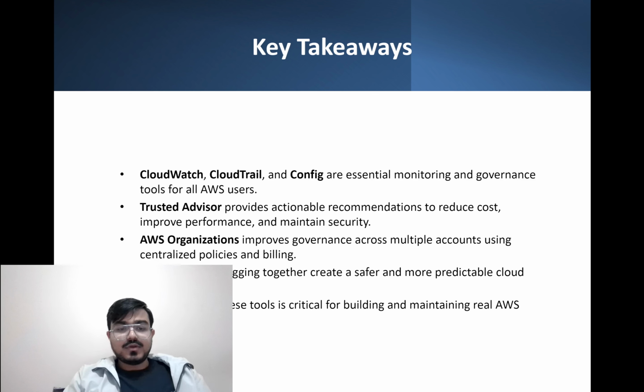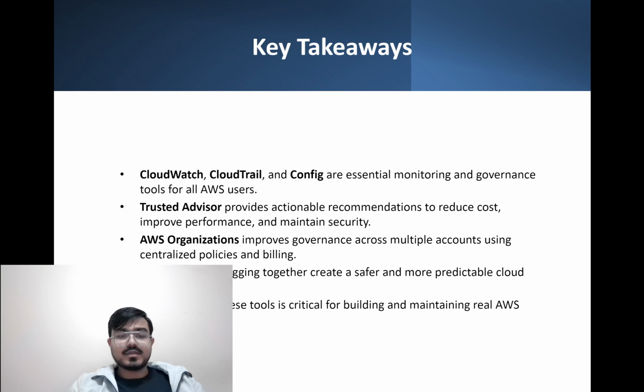So here are the main points to remember from this video. AWS CloudWatch, CloudTrail, and AWS Config are the three main tools every AWS beginner should understand. Trusted Advisor gives helpful recommendations to improve security, cost efficiency, and performance.